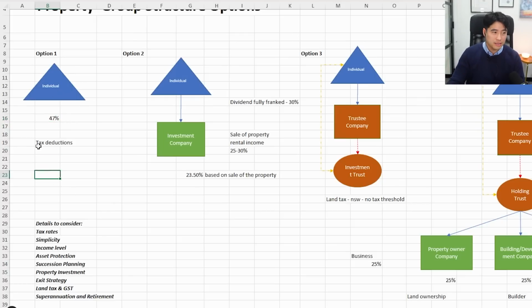So it really depends. Buying in a trust means that you lose those losses and you get stuck in the trust, so you've got to then get some income in the trust to offset that. And you've got to be careful with Part 4A, which is anti-avoidance of taxes when you're creating a tax scheme.